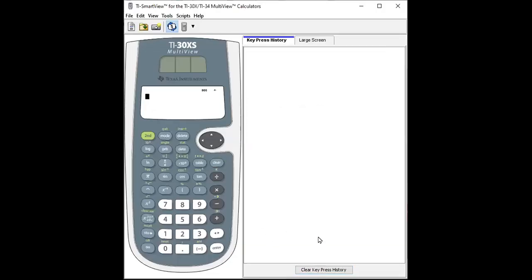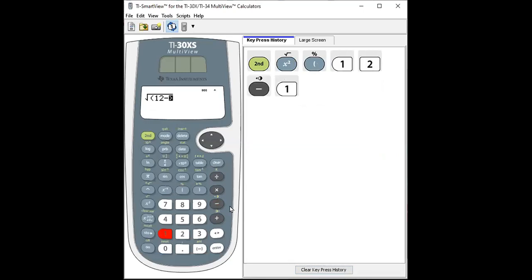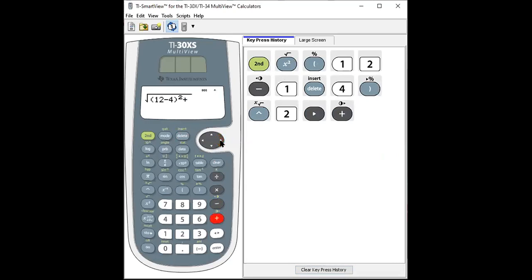Clear everything off. The first thing we need in there is a square root symbol. So second root. In parentheses, we have that X2 minus X1. 12 minus 4. That is squared. So up arrow 2. Directional pad to the right to get off of the exponent line, plus parentheses, negative 8 minus negative 2.